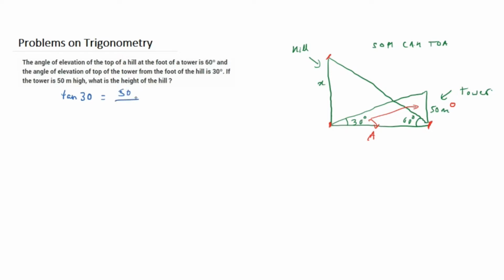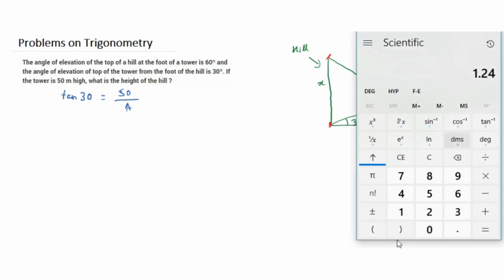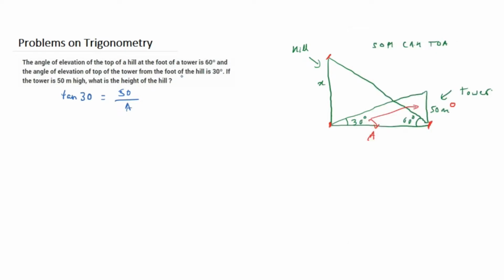Let's call that A for the time being. So tan of 30 is going to be 0.5773, so 0.5773 will be equal to 50 over A, or simplifying that, A should be equal to 50 over 0.5773.